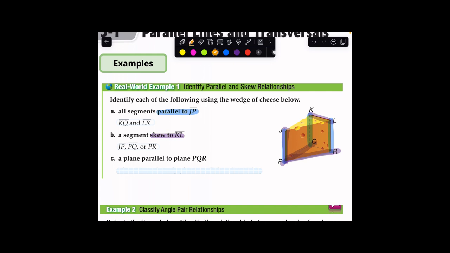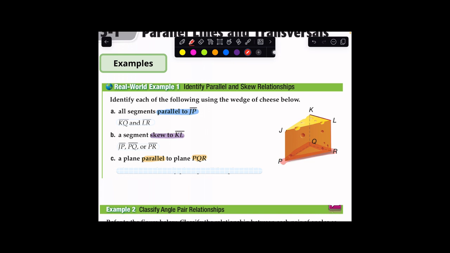All right, and finally, a plane parallel to PQR. So I think I'm going to have to get rid of my highlights here so we can see better. PQR. And I'm realizing an orange highlight on an orange cheese does not do much. PQR, there we go.